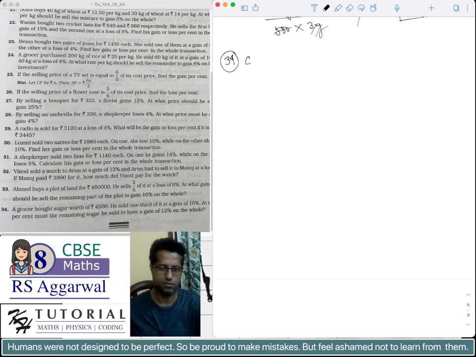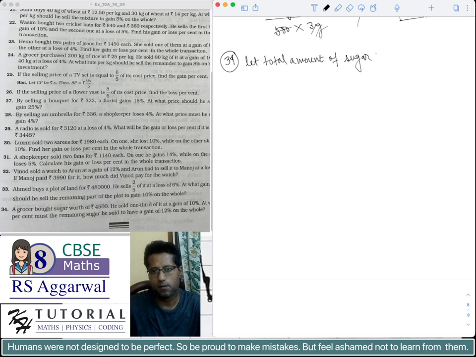Since the amount of sugar is not given, you can always assume the total amount of sugar to be X. I'm ignoring the units. You can consider it as X kg. Also, the price of the sugar per kg is not given.